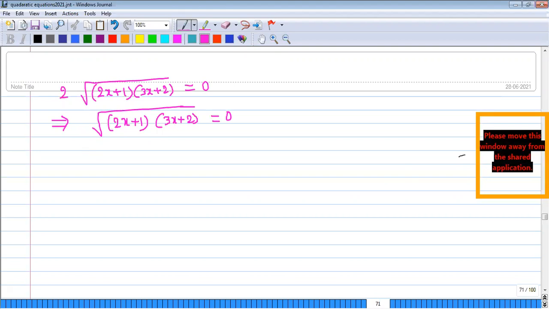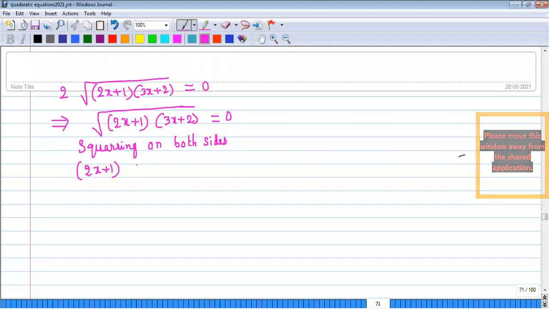Squaring on both sides again. So squaring on both sides, you get 2x plus 1 into 3x plus 2 equals 0.